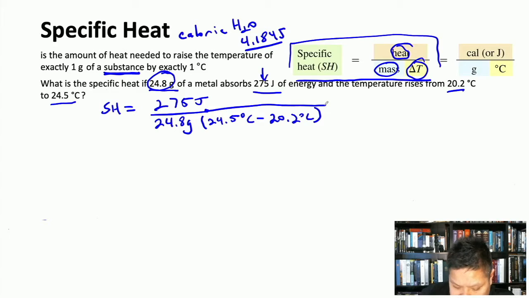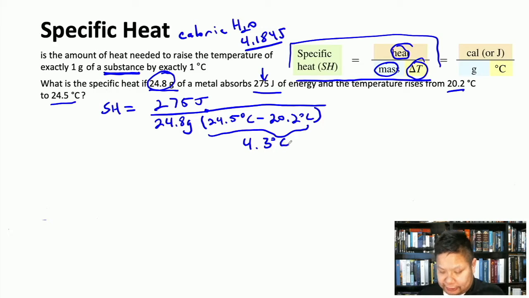Some quick and easy arithmetic tells me that this part in the parentheses, 24.5 minus 20.2, equals 4.3 degrees Celsius. That's the delta T, or the change in temperature. We'll put the rest of it into the calculator to figure the rest of that out.